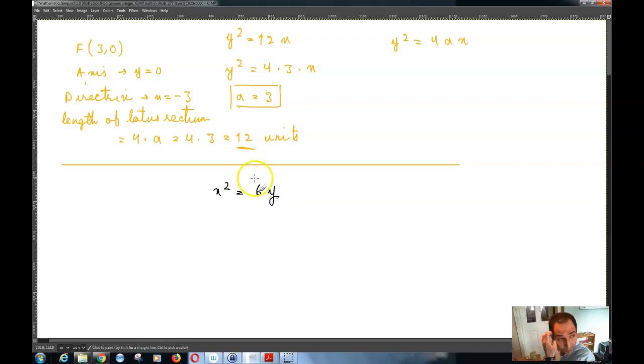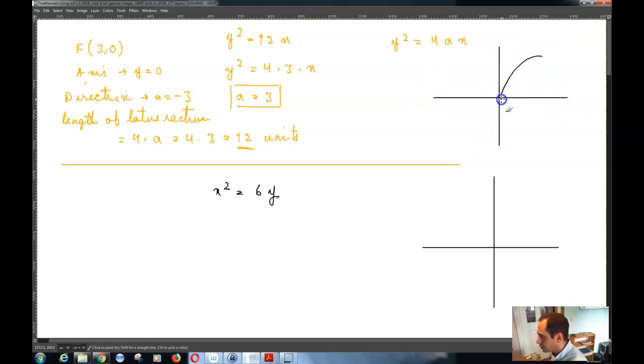Now if you have some parabola like x squared is equal to 6y, when you have the second power of x, that means that your axis of symmetry is along the y-axis, because over here you saw that when I had the second power of y, the axis of symmetry was along the x-axis. This parabola was something like this.